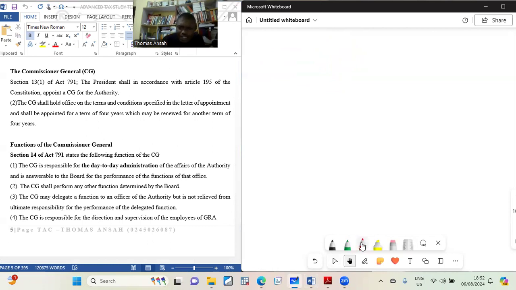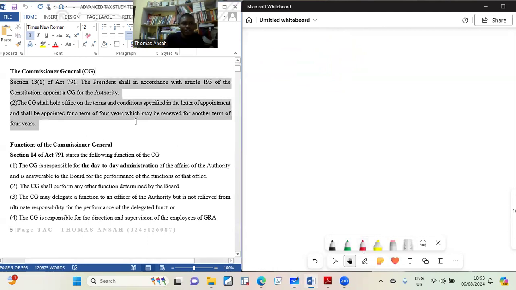A Commissioner General is actually appointed by the President of Ghana. And he will hold the office for 4 years, renewable for another 4-year term. So just as the president is voted, the president can be coming in. So you see, this politics, it's a very big game.